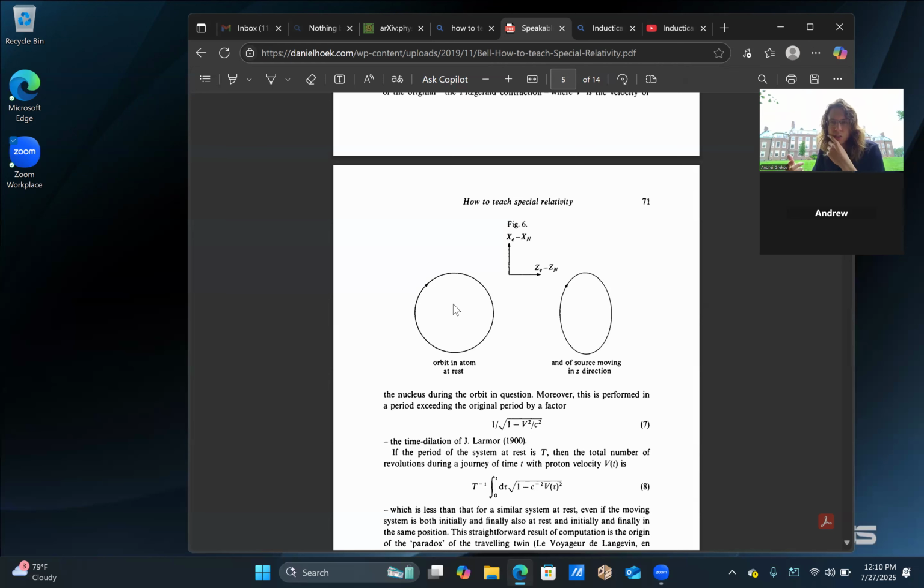And because every single atom has its orbital period increased by this factor, time moves slower. Any physical clock made out of physical atoms, moving with this body, has its time ticking slower.